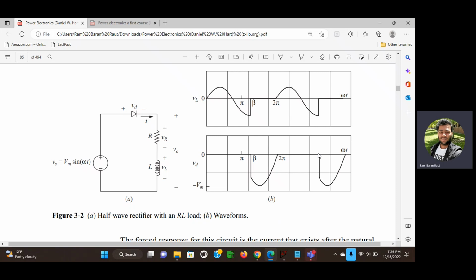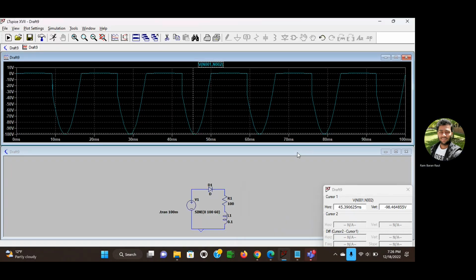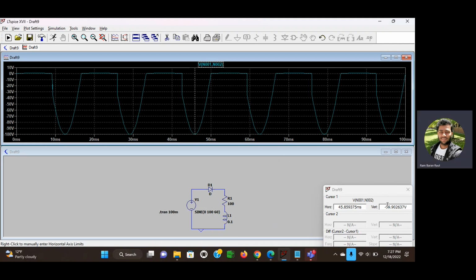Vm is almost 100, like minus 100. This should be good enough, 99.9, for the diagram.